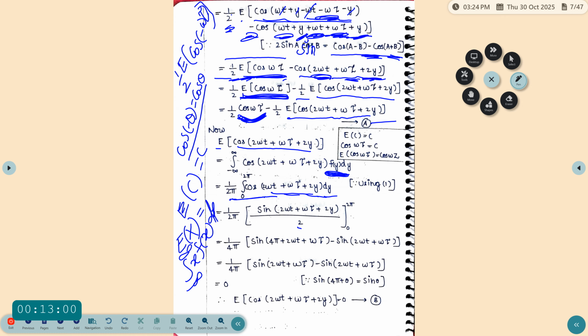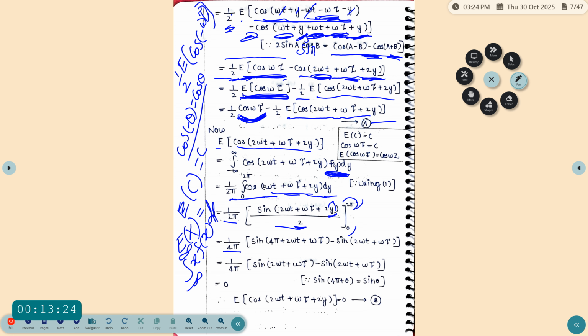The y coefficient is 2, so the denominator term is 2. The lower limit is 0 and the upper limit is 2 pi. So 1 by 2 pi into 2 means 1 by 4 pi into sin, where the upper limit is 2 pi, so substitute 2 pi for the variable y.